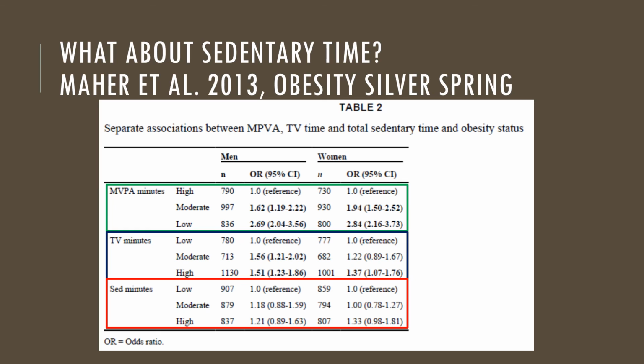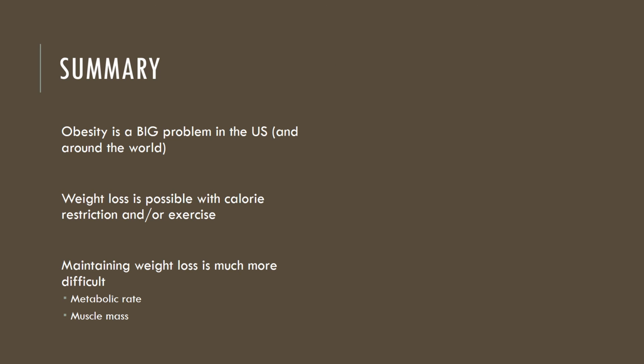And if you look at sedentary minutes, the odds ratios do go up with more sedentary minutes, but not a whole lot, and actually none of those are statistically significant. So what this is showing is, again, according to this one study, physical activity is more important for obesity than sedentary time.